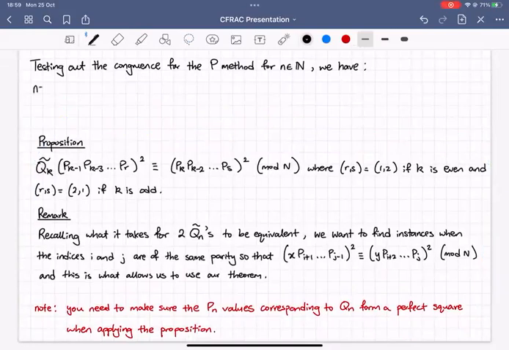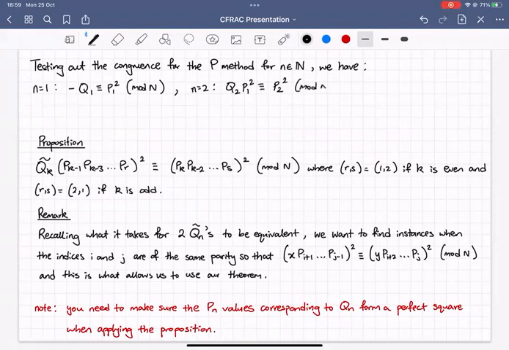If n equals 1, we have minus q1 congruent to p1 squared mod n. I'll just do the first three cases. n equals 2: q2 p1 squared congruent to p2 squared mod n. n equals 3: there's a minus sign, p2 squared congruent to p3 p1 squared mod n. And you keep going. This pattern leads to a proposition.